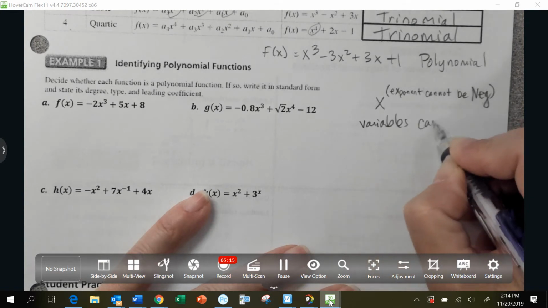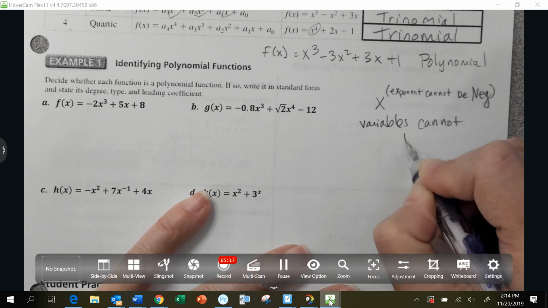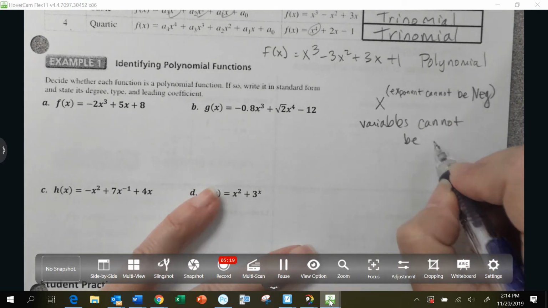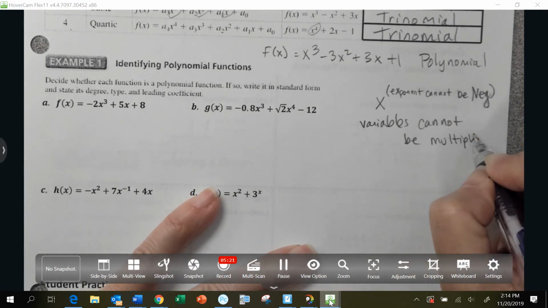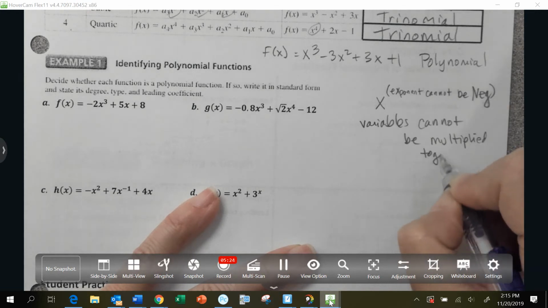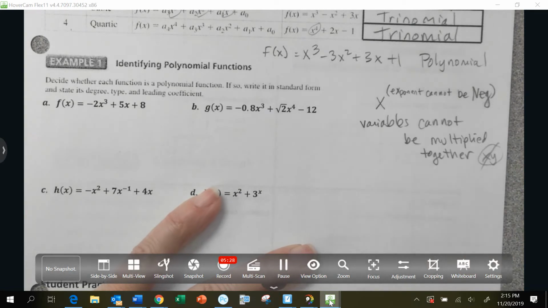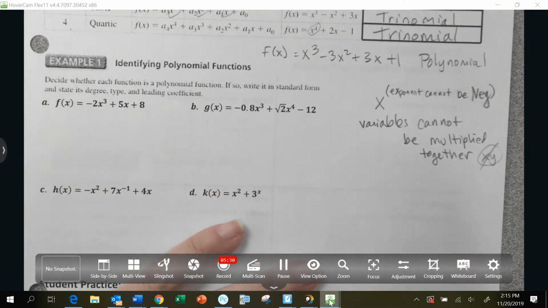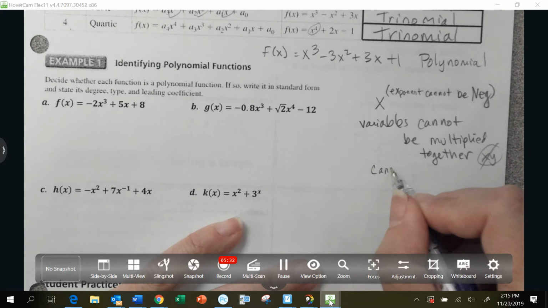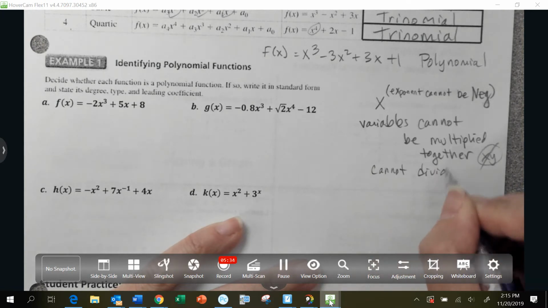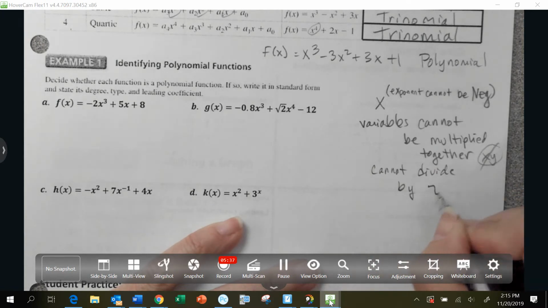Variables cannot be multiplied together. So like you can't have xy. That would not be a polynomial. Cannot divide by x.